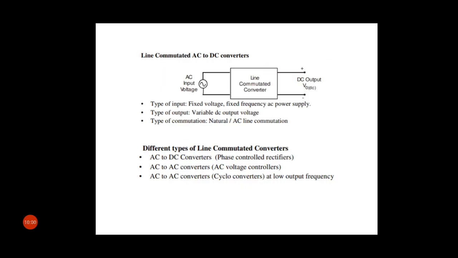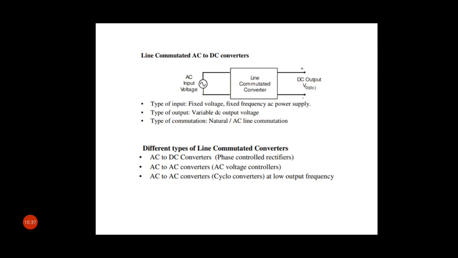So here see, these are the line commutated AC to DC converters. In a line commutated converter, the type of input is fixed voltage, fixed frequency AC power supply, and the type of output is variable DC output voltage, and the type of commutation is natural or AC line commutation.